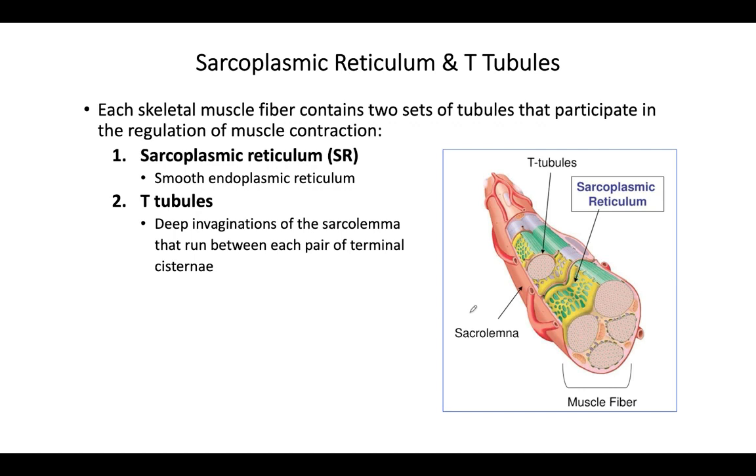Sarcoplasmic reticulum and T-tubule. Smooth endoplasmic reticulum in muscle fiber is called sarcoplasmic reticulum. Each skeletal muscle fiber contains two sets of tubules that participate in the regulation of muscle contraction. So sarcoplasmic reticulum, this yellow color indicates sarcoplasmic reticulum.